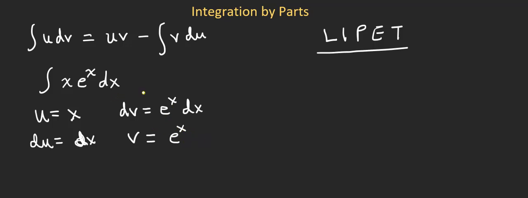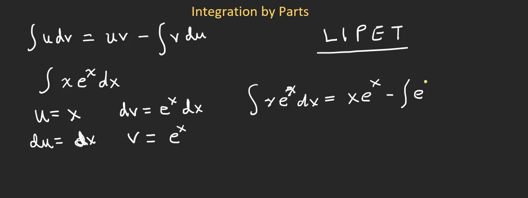So now let's plug it in. What do you have? You got uv, so the integral of x e to the x dx will be uv, which is x e to the x, minus the integral of v du. What is our v? e to the x.